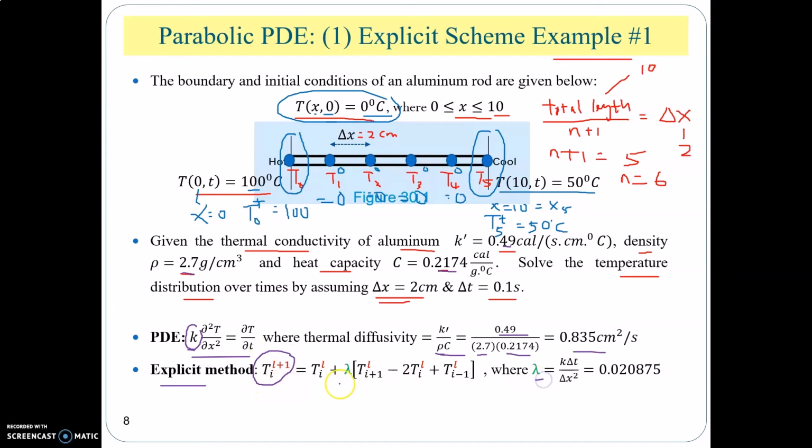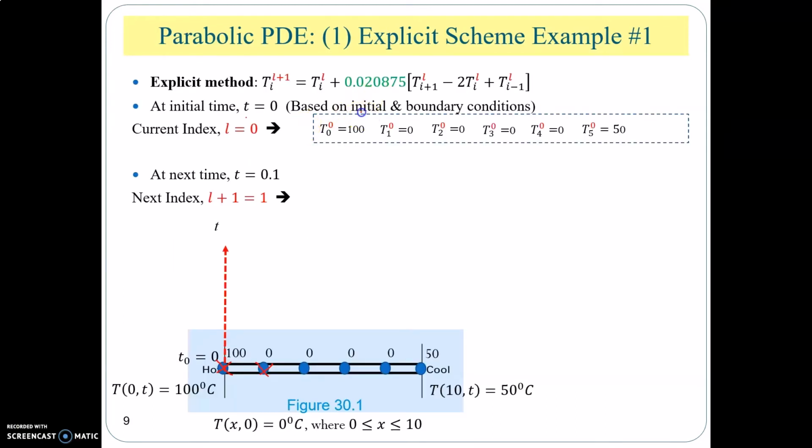And the constant lambda here can be computed by using K delta t over delta x squared. So you should be able to obtain it to be 0.020875. Previously, based on the initial and boundary condition here, we obtained the temperature at these 6 points for time equal to 0 here.